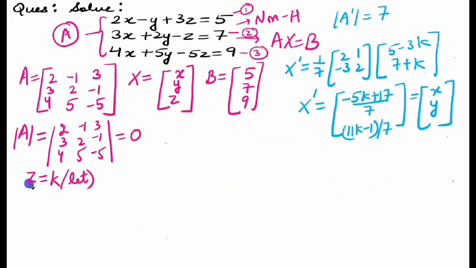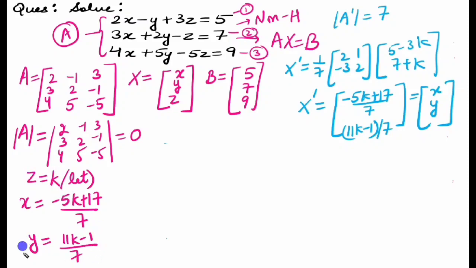So from here, z की वैल्यू हमने k assume की, तो उस केस में हमें x की वैल्यू मिली minus 5k plus 17 divided by 7, and we got the value of y as 11k minus 1 divided by 7.